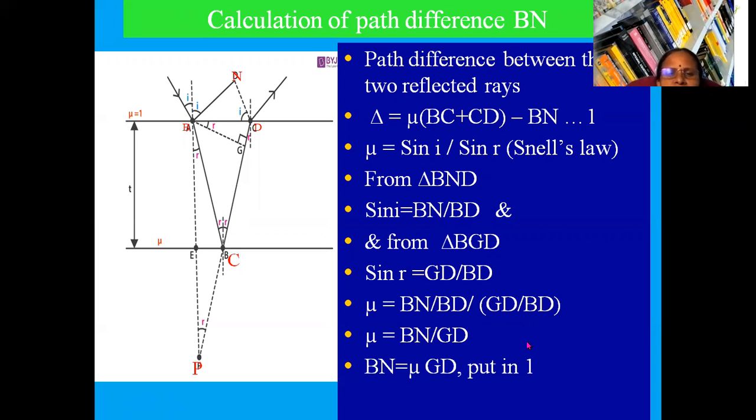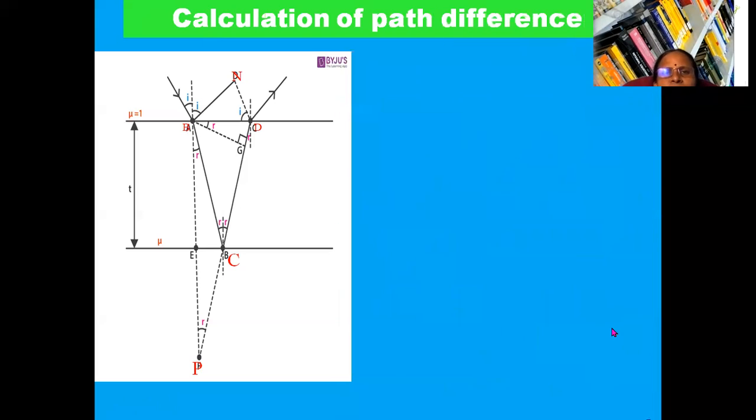And therefore we can write BN is equal to mu into GD. We can put this value of BN into equation number 1, and therefore we get the path difference delta is equal to mu into BC plus CD minus mu into GD. We can take this mu common.